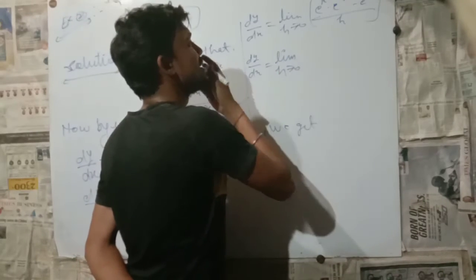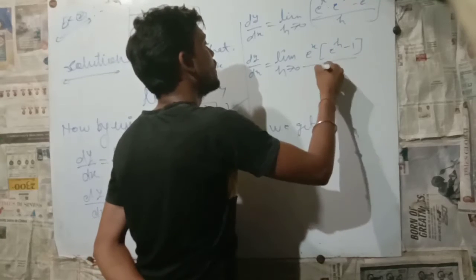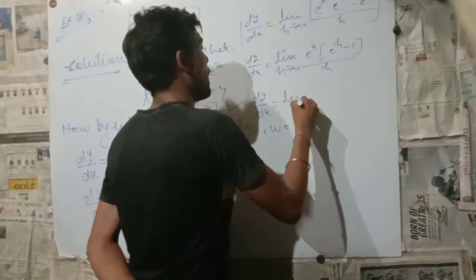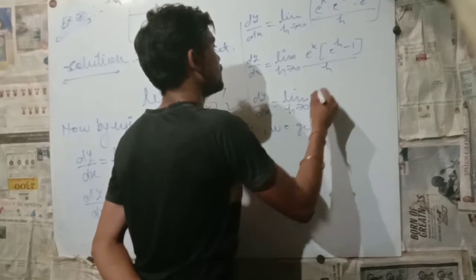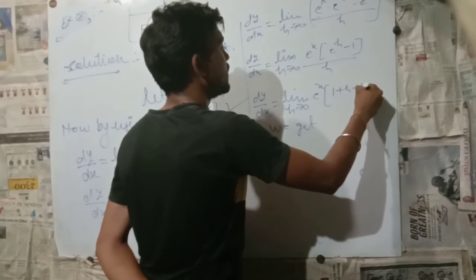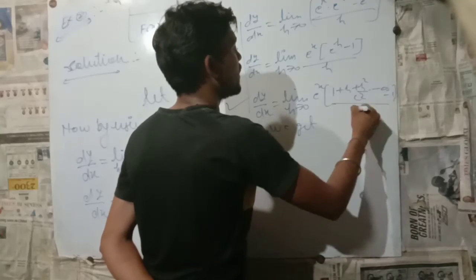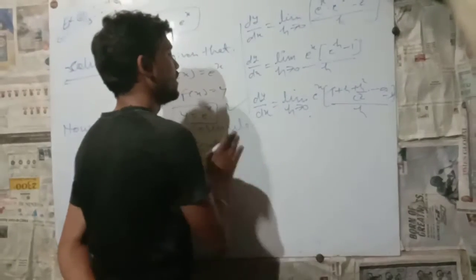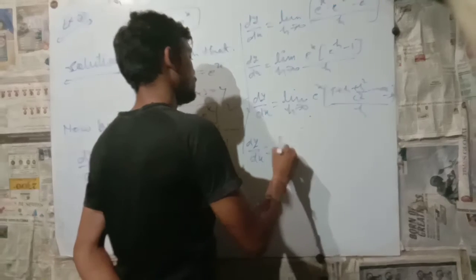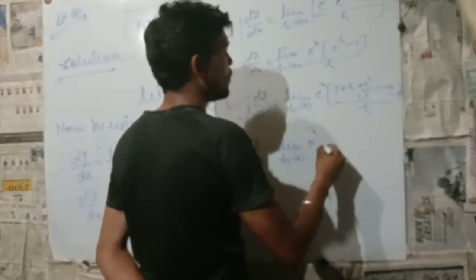So dy upon dx is equal to limit h tends to 0, and you can take e raised to power x common, e raised to power h minus 1 upon h. So dy upon dx is equal to limit h tends to 0, and you can open the formula: 1 plus h plus h square upon 2 dot dot dot up to infinity minus 1 upon h, and 1 cancels. Then dy upon dx is equal to limit h tends to 0, e raised to power x common.